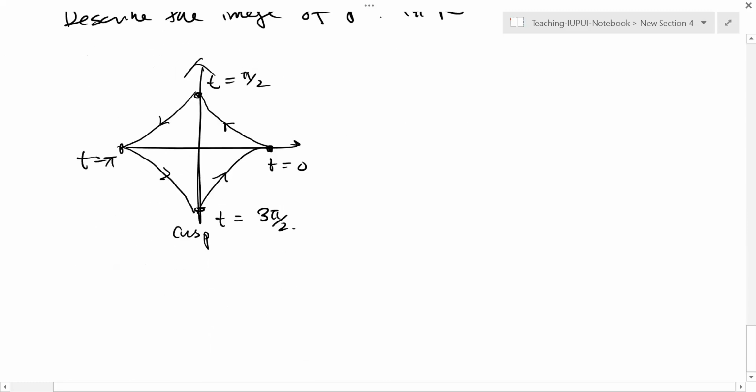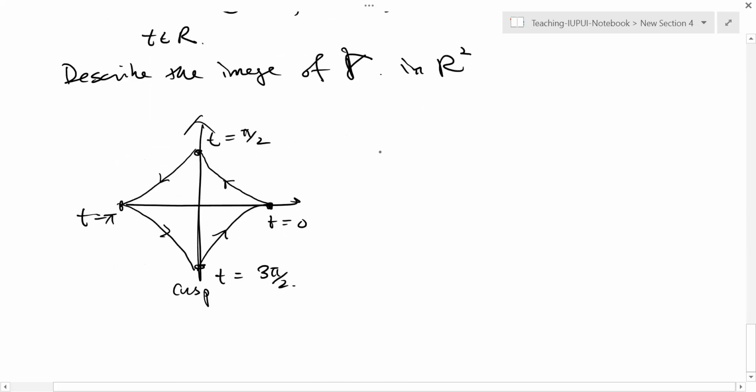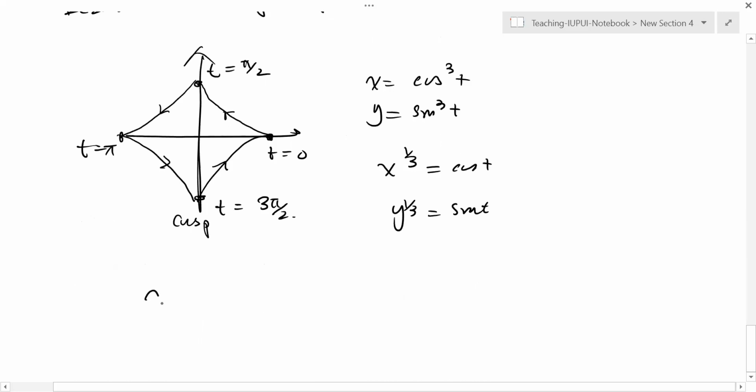Right, now I can describe this image using another equation. Since x is cosine cubed t and y equals sine cubed t, then x to the 1/3 equals cosine t, y to the 1/3 is sine t, right? So therefore, I get x^(2/3) plus y^(2/3) equals cosine squared t plus sine squared t equals 1.